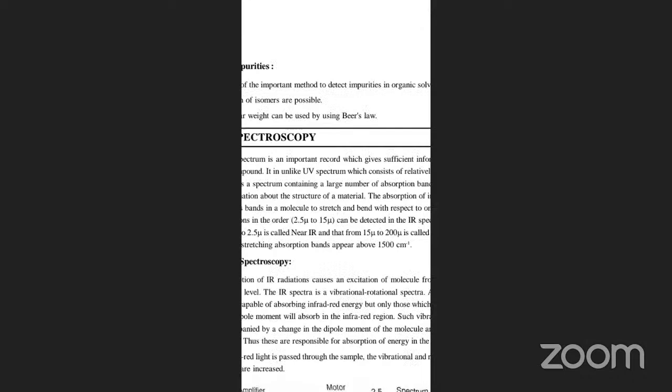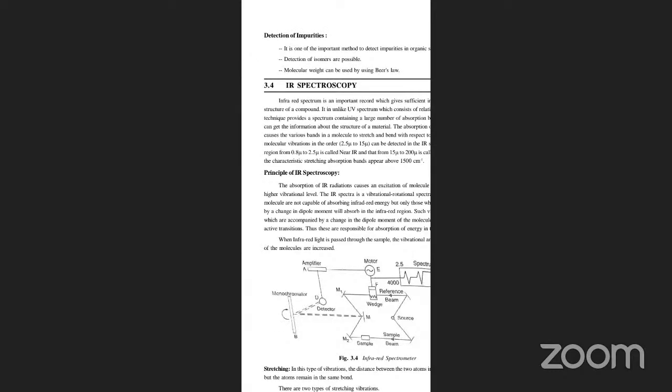The region from 0.8 micrometer to 2.5 micrometer is called near IR, and that from 15 micrometer to 200 micrometer is called far IR region. The characteristic stretching absorption band appears above 1500 per centimeter.